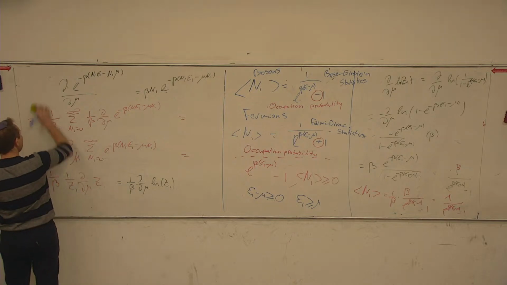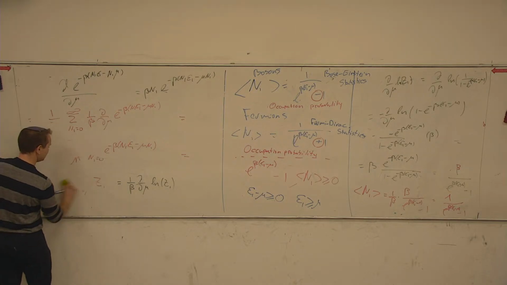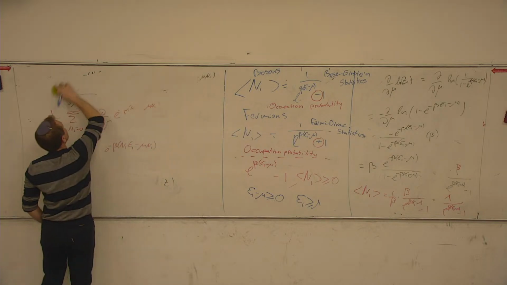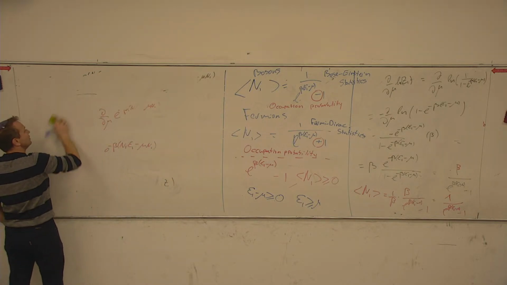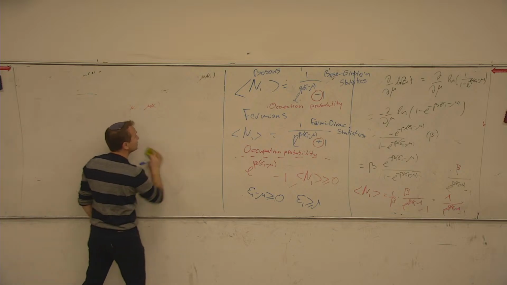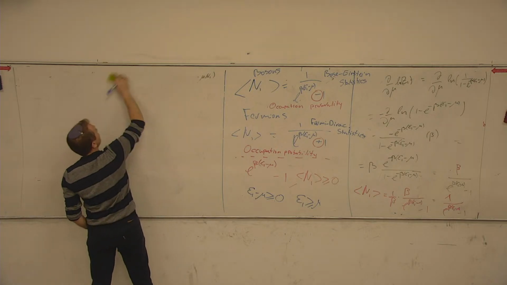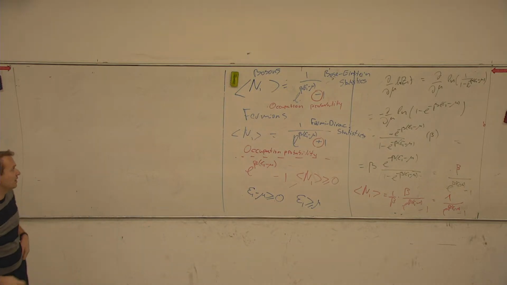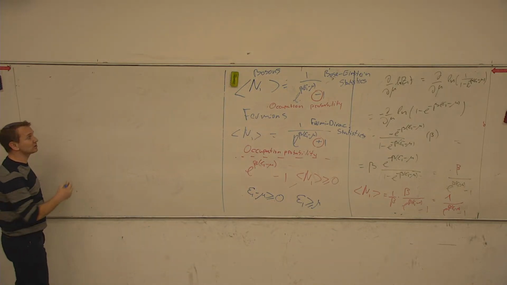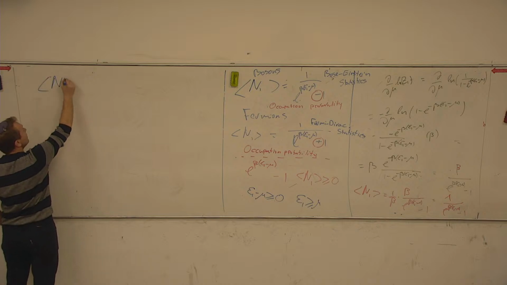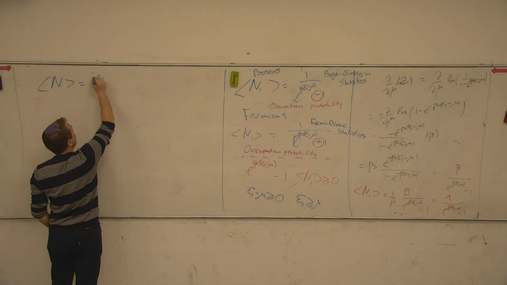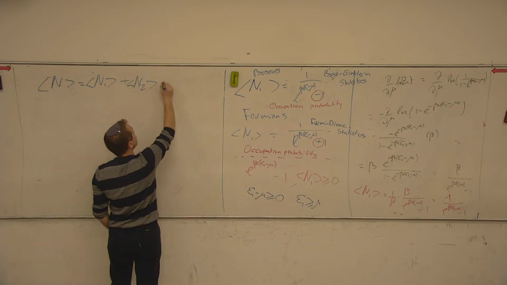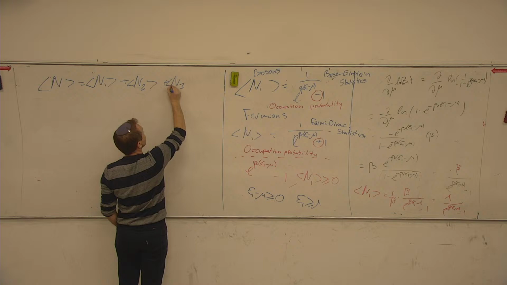Now, we wanted to compute not just the average number of particles for a single energetic level. We wanted to compute the average number of particles for the whole system, which has 3 energetic levels, and we also have degeneracy. So remember, n is n1 average plus n2 average plus n3 average.